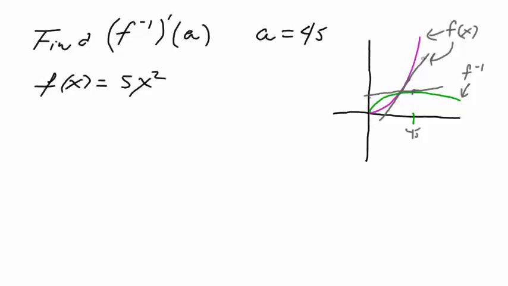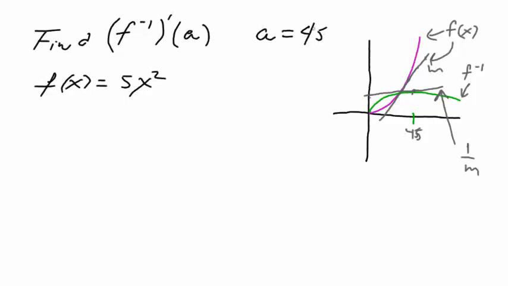Once we find the slope of this tangent line, which we'll call m, we'll easily be able to know what the slope of that other tangent line is, because since these are both inverse functions, this is going to end up being 1 over m. Okay, that's supposed to be a 45 there. So the idea is to find the slope of this tangent line here.